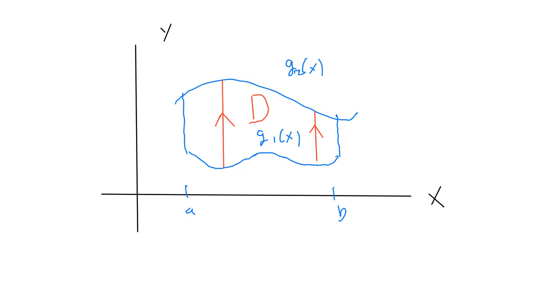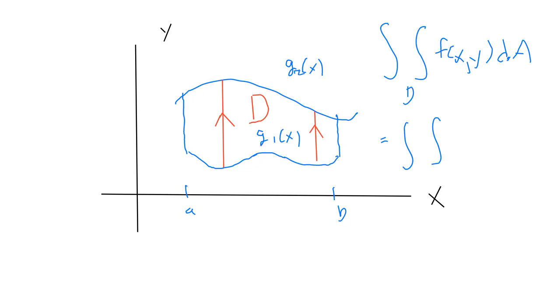So the double integral over the region D of f of x, y, dA. Now dA just means that we've not committed whether we're going to do dy dx or dx dy.